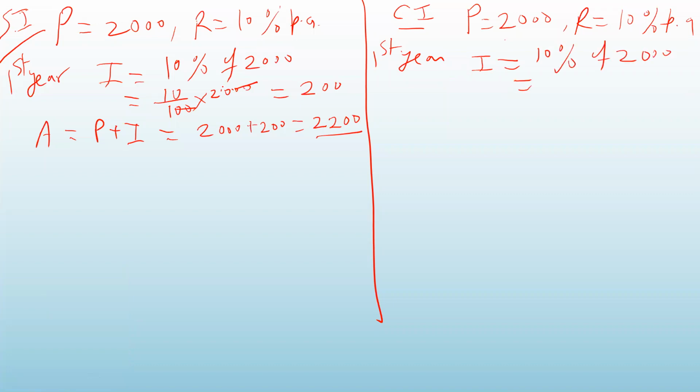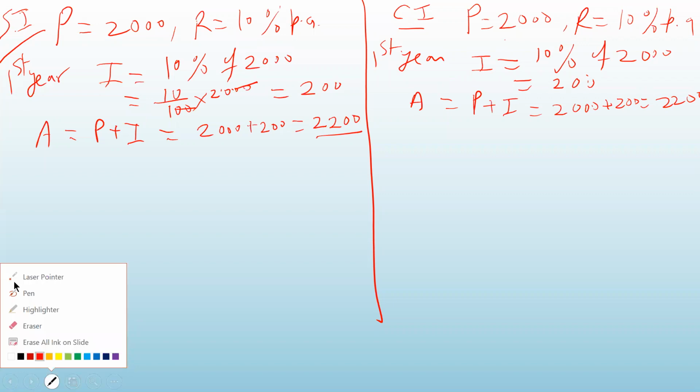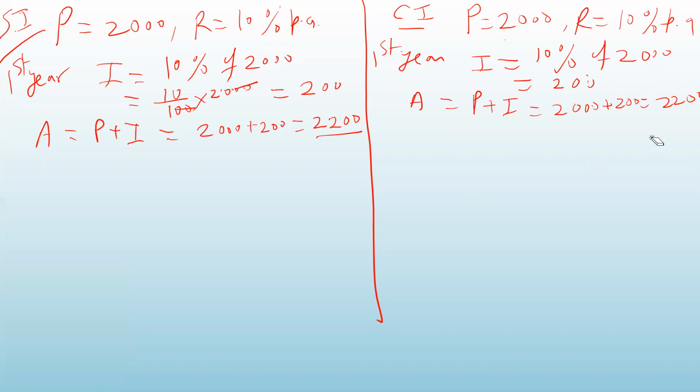Just now we have calculated here, it is 200. So what will be the amount after 1 year? Principal plus interest, that is same as 2000 plus 200. So that is 2200. So there is no difference in the interest in the first year. Okay, 2200. In simple interest also you are getting 2200, and in compound interest also you are getting the same amount 2200. Look at here.